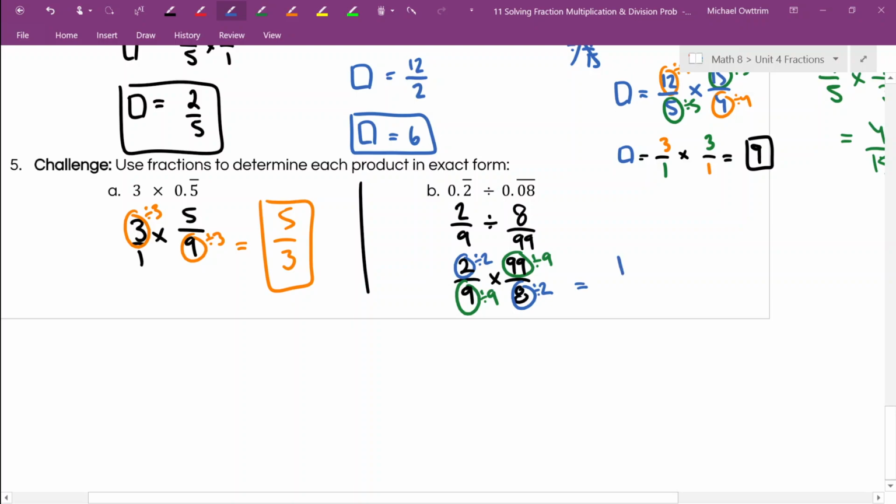And that'll give us 1 over 1 times 99 divided by 9 is 11, and 8 divided by 2 is 4, and that'll just be 11 over 4 in simplest form. So again, just applying some different skills from a few different units all together to be able to complete calculations that we couldn't really do using decimals.